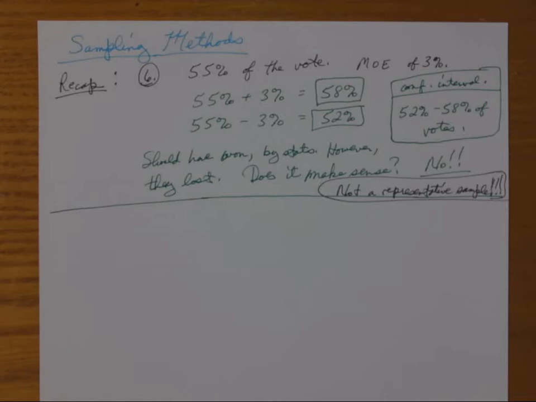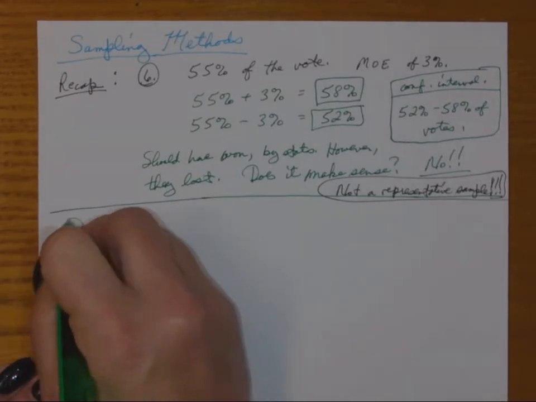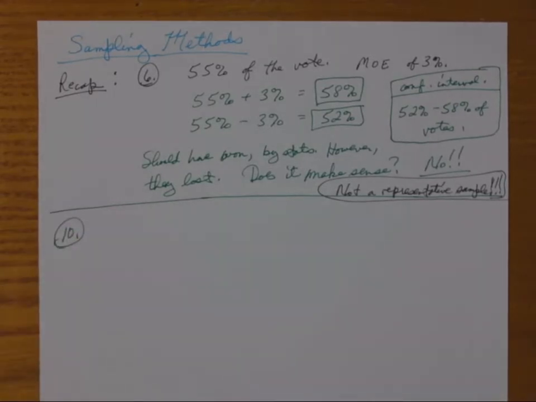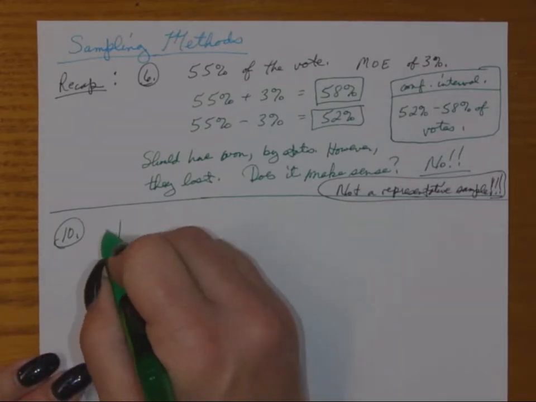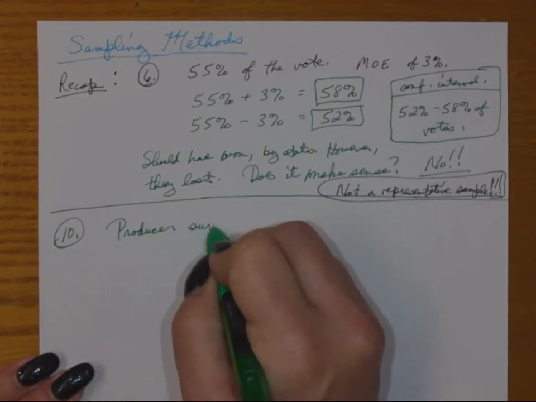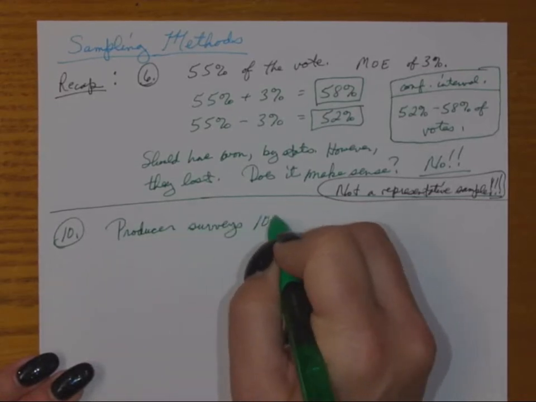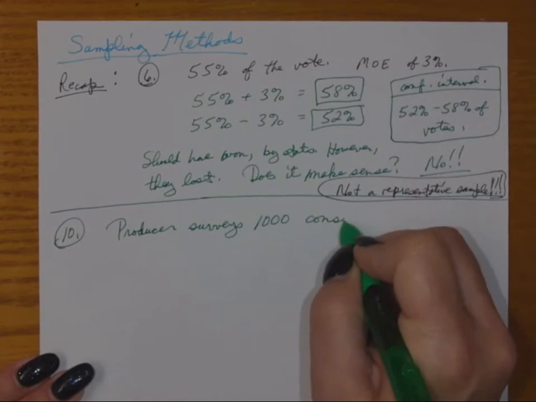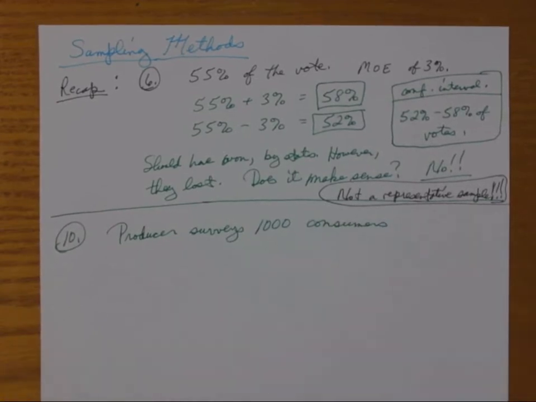Okay, let's look at number 10. I want to look at number 10 in the same area. It says, the producer of a new song surveys 1,000 consumers and finds that most of them are very enthusiastic about the song.